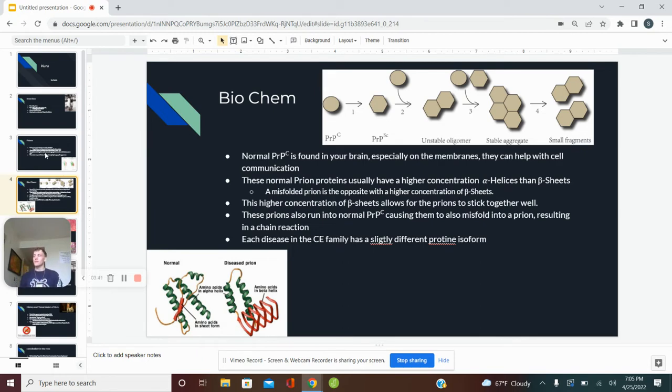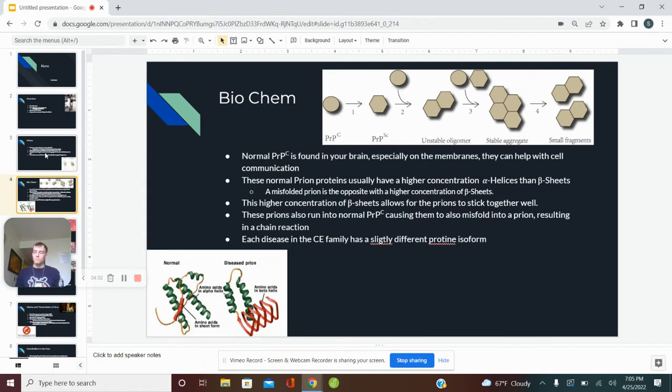And what happens is when these proteins become misfolded, they switch, and there's a higher concentration of beta sheets instead of alpha helices. Because of this, these beta sheets are really sticky. They like to stick to one another because of a covalent bond.